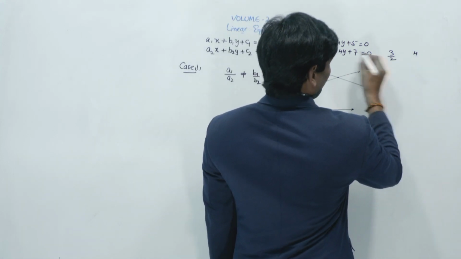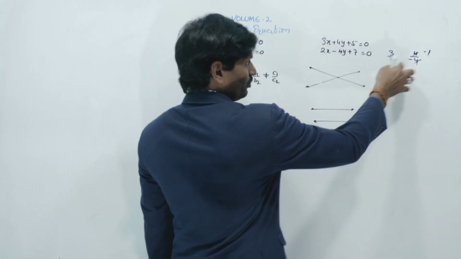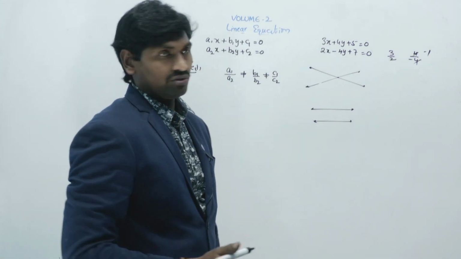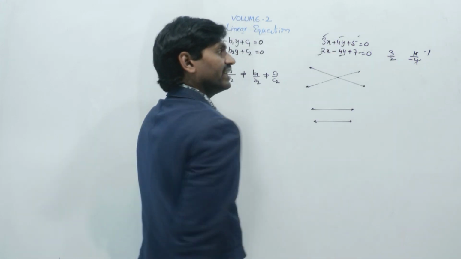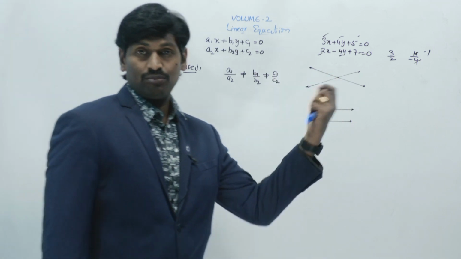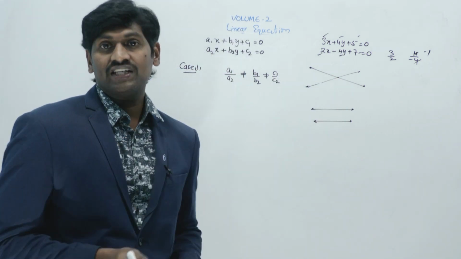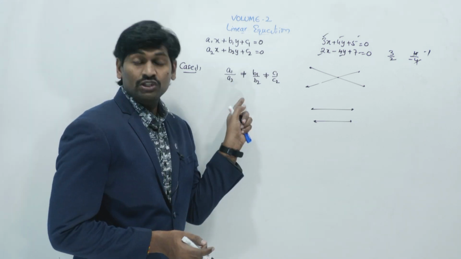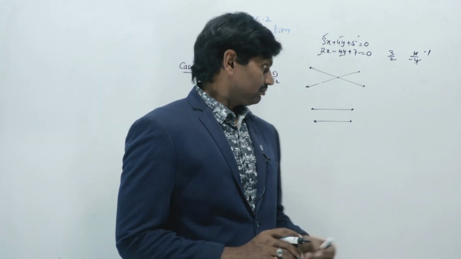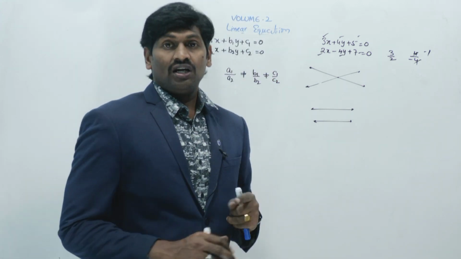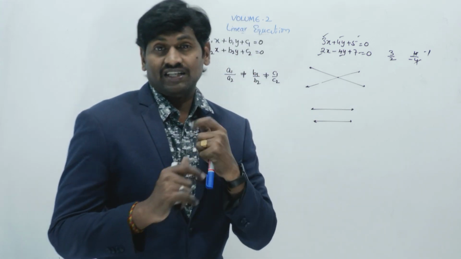Same way, 4 by minus 4, which is nothing but minus 1. Is 3 by 2 the same as minus 1? No. That means the coefficients of the variables can be different, but they follow the condition a1 by a2 not equal to b1 by b2. This type of condition represents intersecting lines.